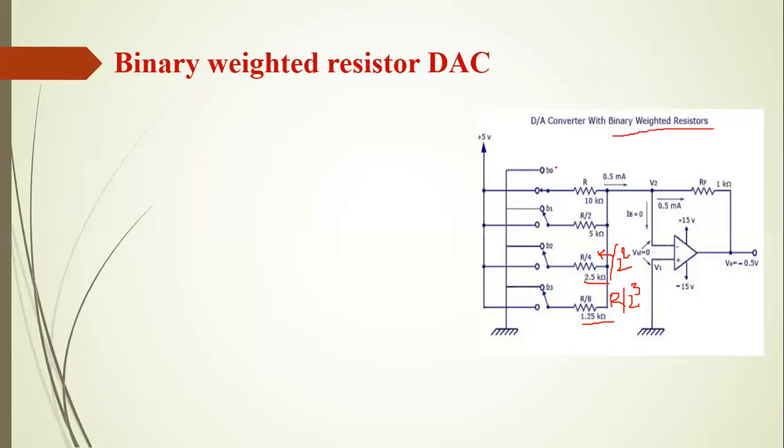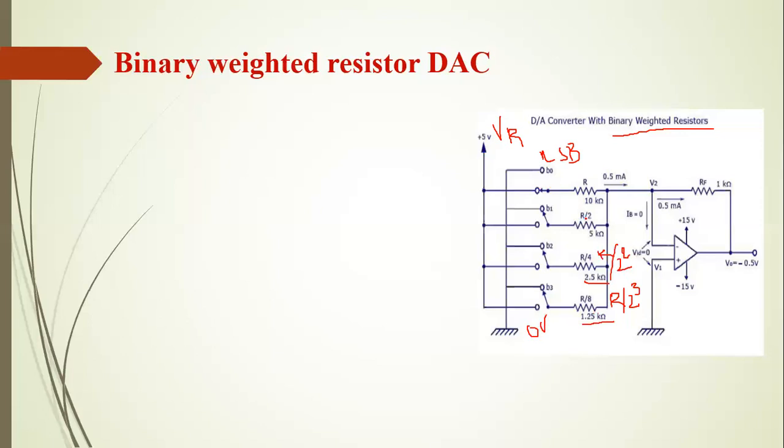Here if you see, as the bit position increases from the LSB, the resistance value decreases. For each resistor, we have two positions: one is connected to plus 5 volts, which is V reference, and the other is connected to ground, which we consider to be 0 volts.